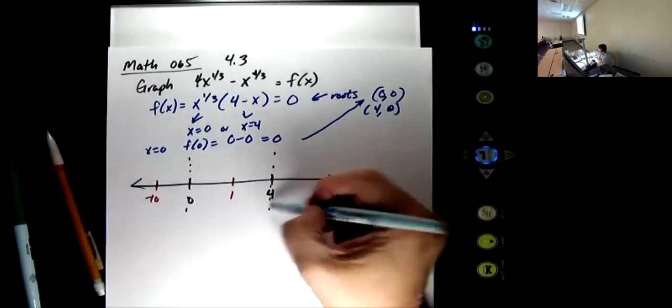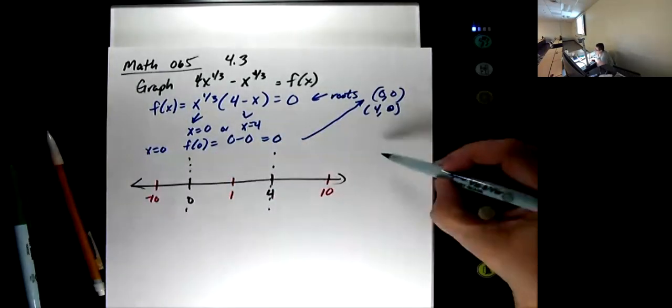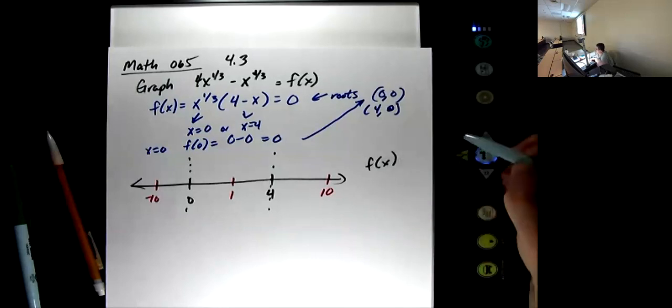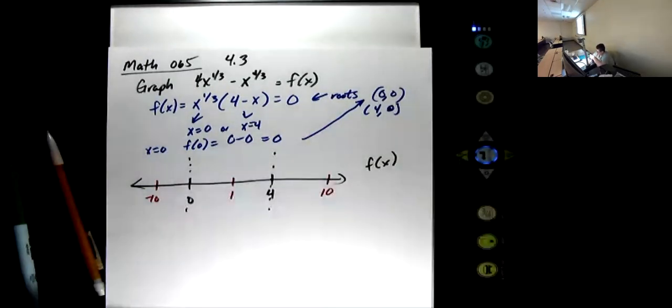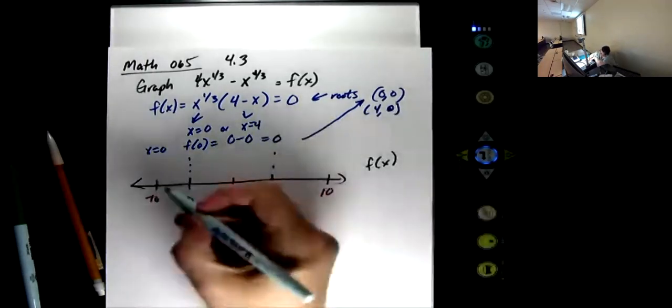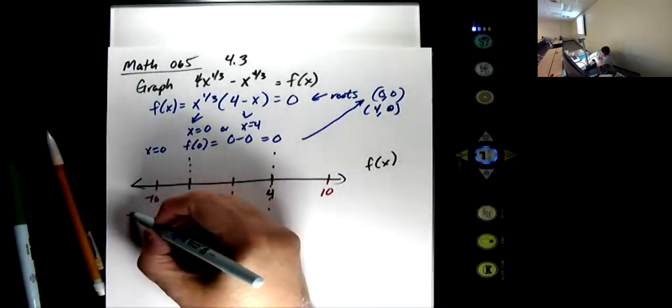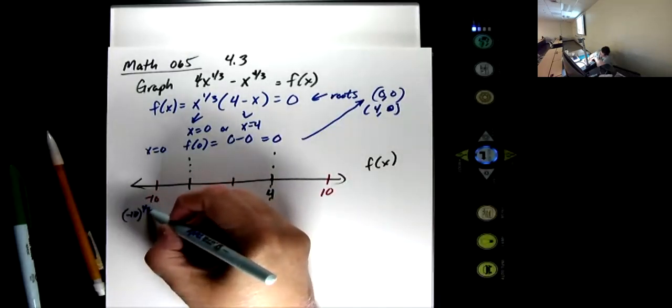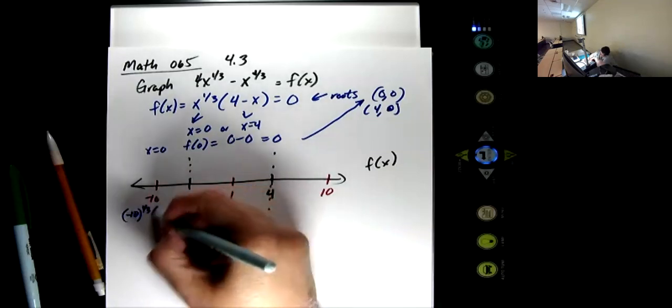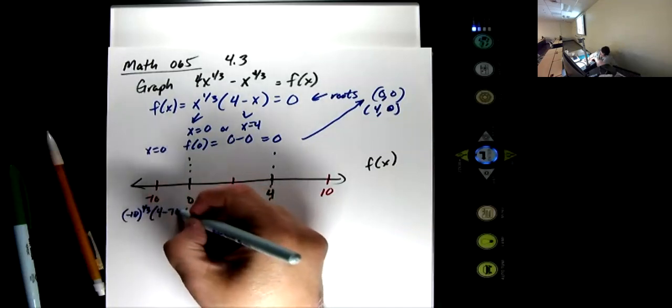So what will this sign chart tell us for f of x? It does tell us stuff. Think about it while I'm going through the sign chart. I've got, oh, this is not pleasant. -10 to the 1/3, and then 4 minus -10.